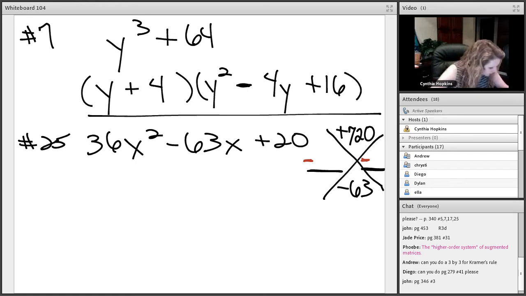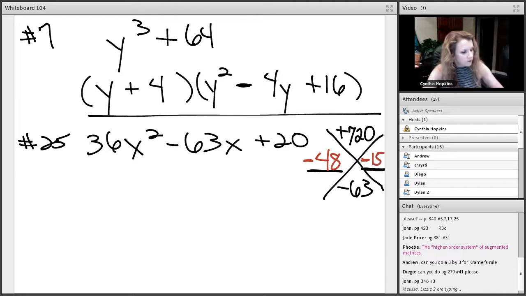Okay, let's see. 48 times 15 is 720, and negative 48 plus negative 15 is negative 63. So negative 48, and I'm sure that would take a little bit of time. I kind of looked at the answer to save us some time to get those numbers. You'd have to play around until you got those numbers.